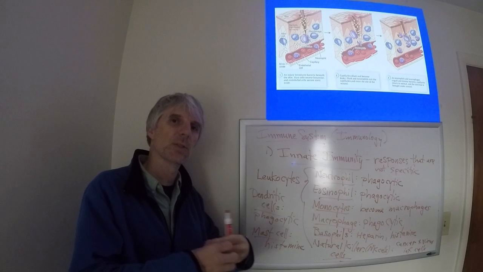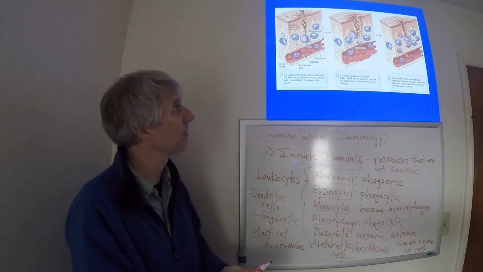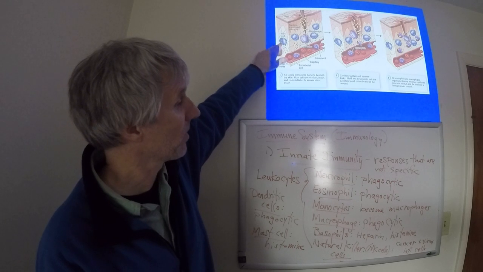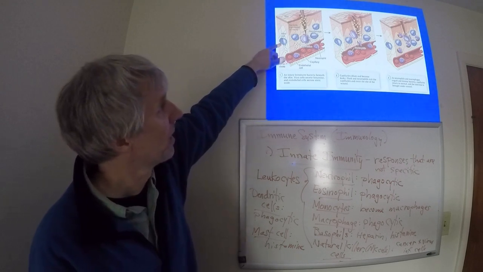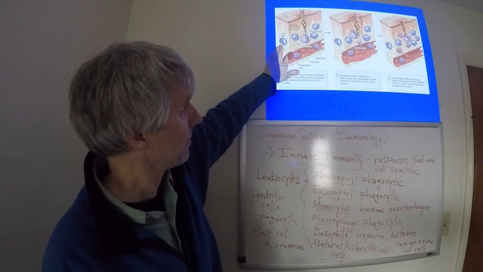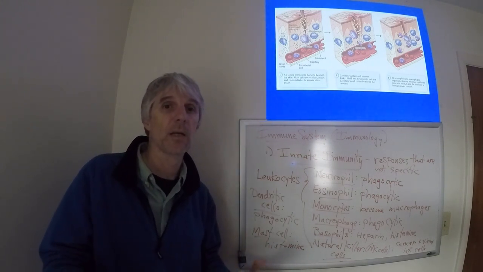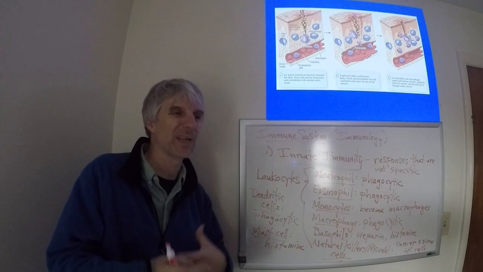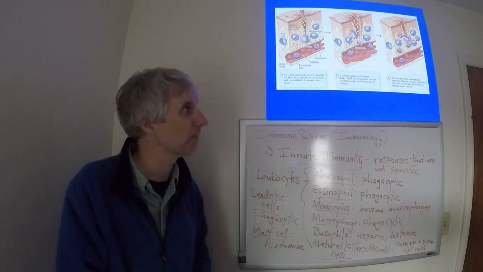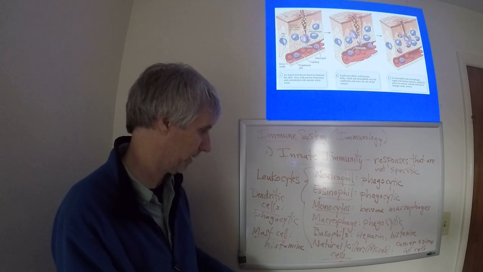With the damage, that cytosol comes out into the extracellular fluid, and one of the cells that picks that up here are the mast cells. The mast cells pick up the presence of molecules that shouldn't be there. Normally they're hidden from them, but now they see them because of cellular damage. In response, they begin to secrete histamine.